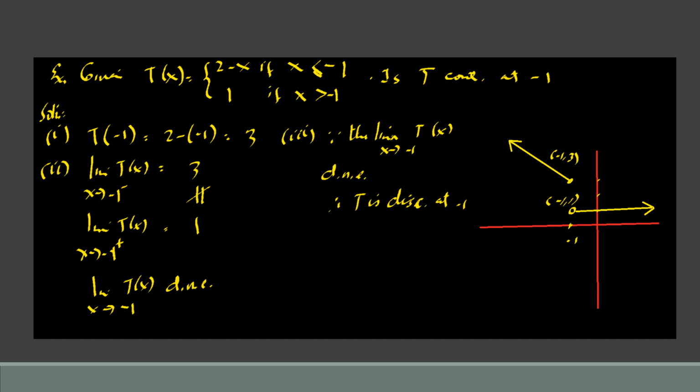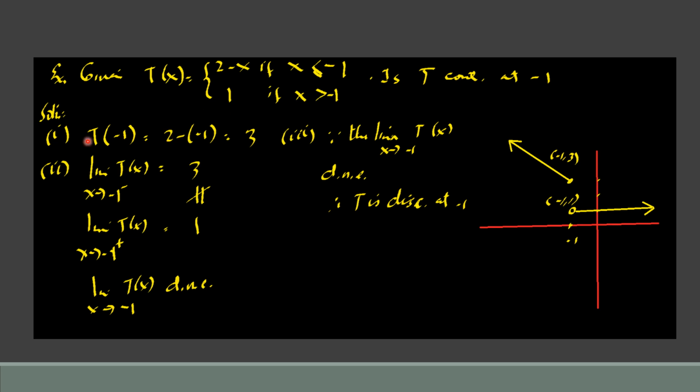We consider another piecewise function t defined by t of x equal to 2 minus x if x is less than or equal to negative 1, and 1 if x is greater than negative 1. Is t continuous at negative 1? Alright? So 2 minus x is a line, so is t of x equal to 1.